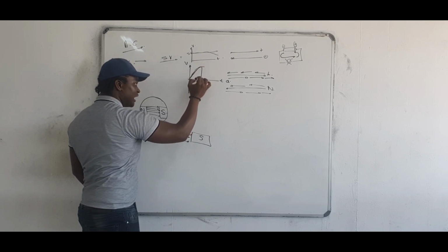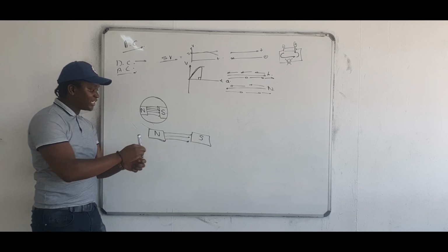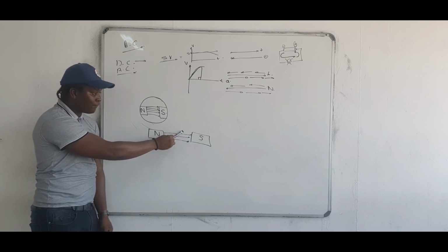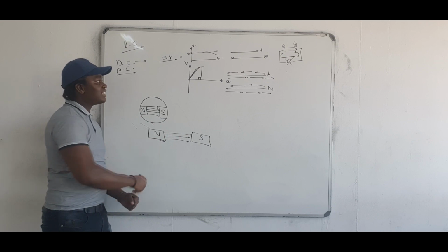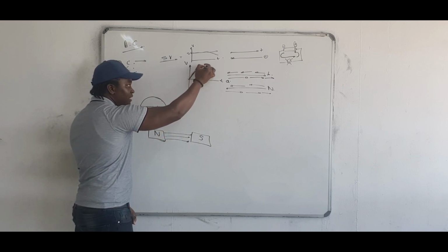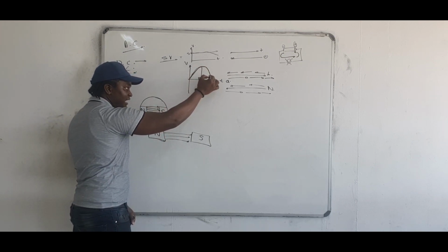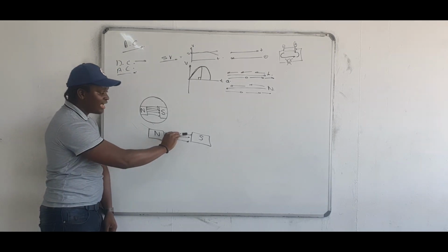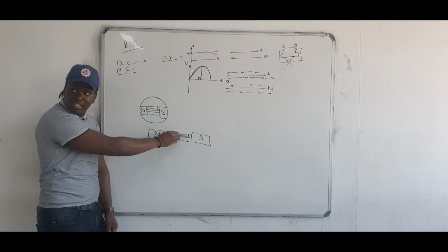And then after that, your conductor starts cutting less and less lines of force as it goes down to 0. When it cuts less and less lines of force, the power induced is less and less, until we get to that 0 point. So it started like this, and it did a 180, now it's turning the other way.